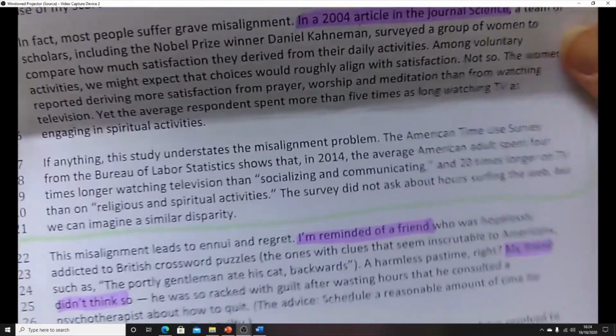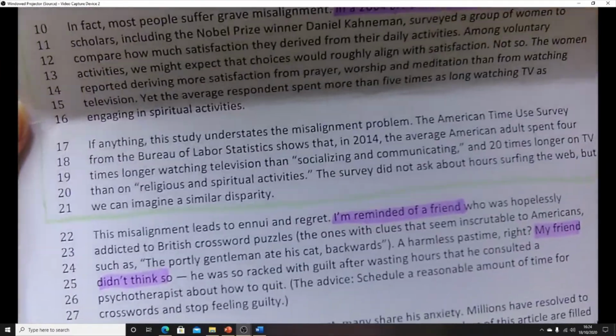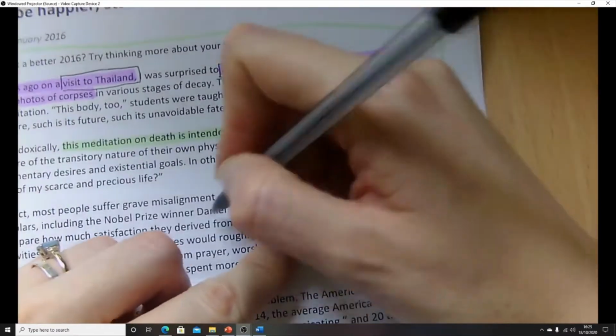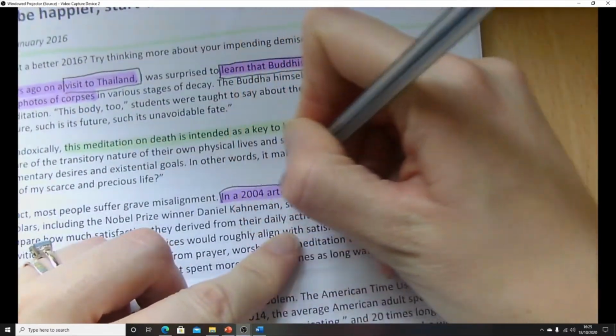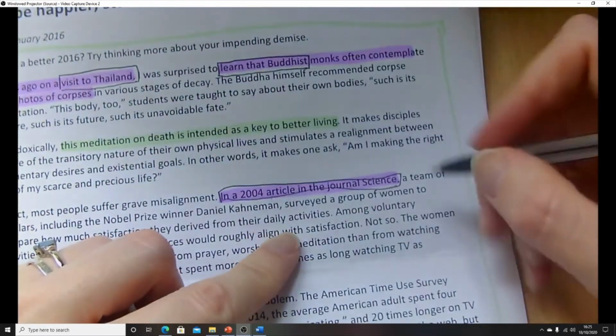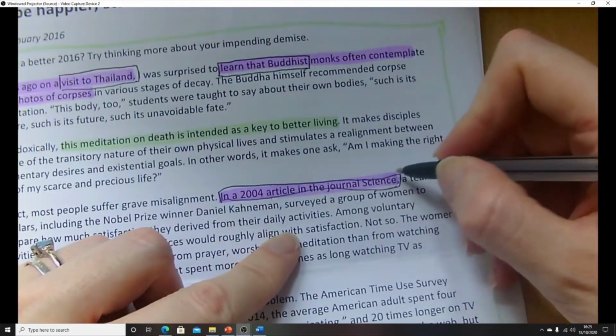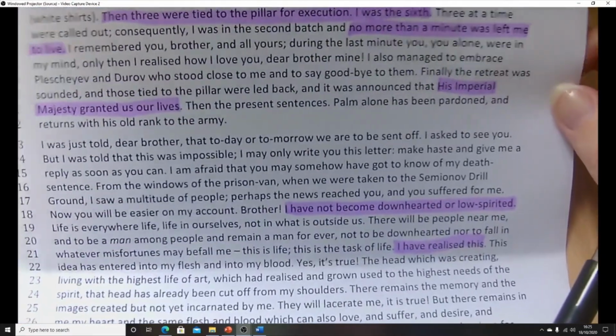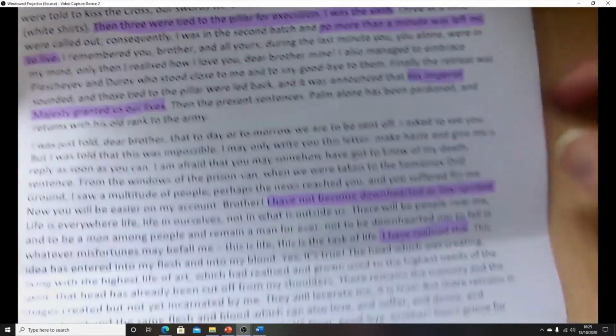Now, the other thing I would go on to compare as well would be that in this one it's very much based on second-hand experience through other people, where he mentions all these references to other people and their sources and journal articles. So that would be the other point that I would compare to Dostoevsky's letter to his brother.